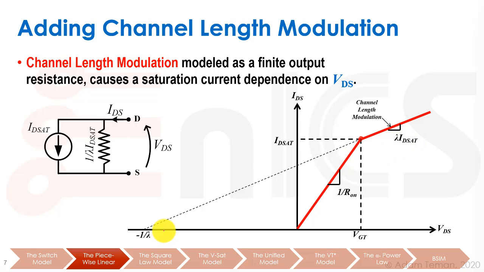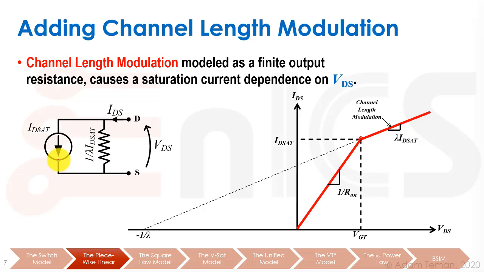This is similar to what we had in BJT circuits, where the curve crossed the x-axis at a voltage that we called the Early voltage. So it's sometimes called the Early effect, even though Early was for BJT transistors, and this is channel length modulation.